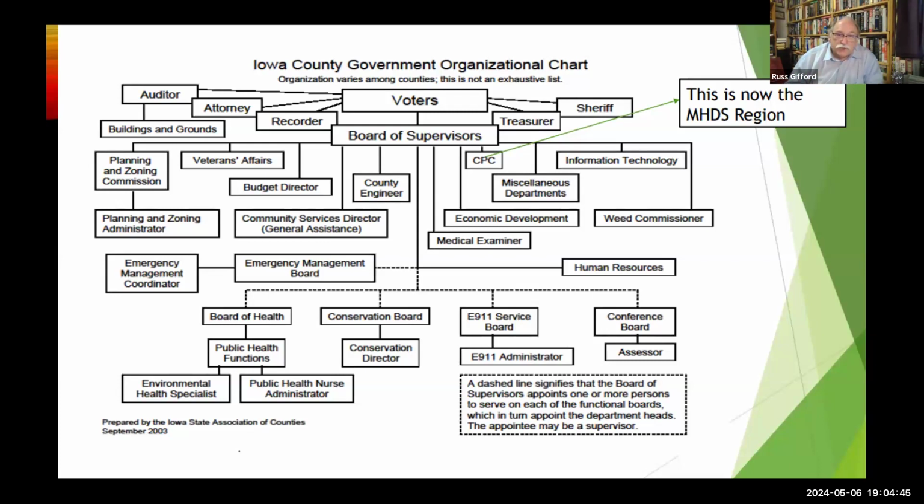Now, sheriff, treasurer, etc., you don't see it here, but they each have their departments. They each have their people who answer to them. But the board of supervisors, then we see, has all these other things that do answer to them. If it's a dark line, they have control over that group. Notice the board of supervisors has absolutely zero control over the sheriff, right?